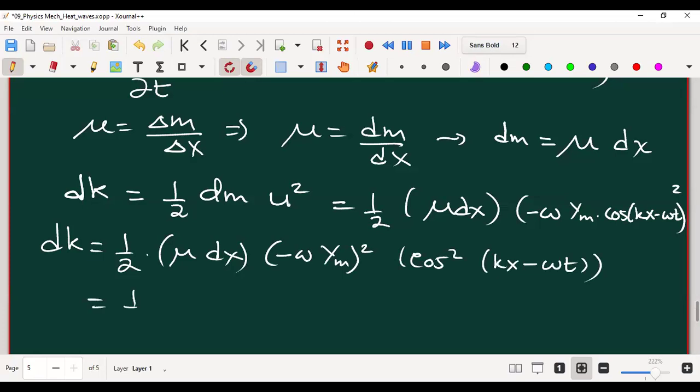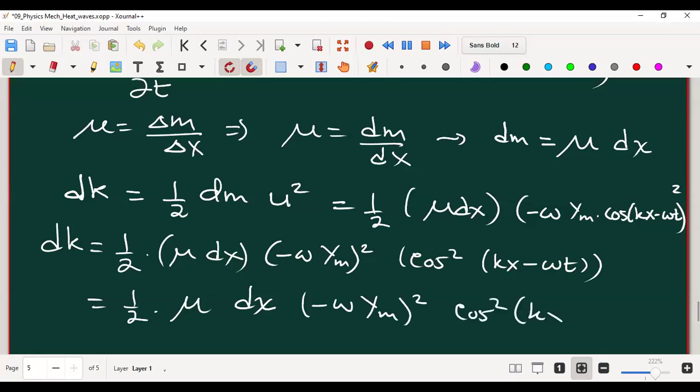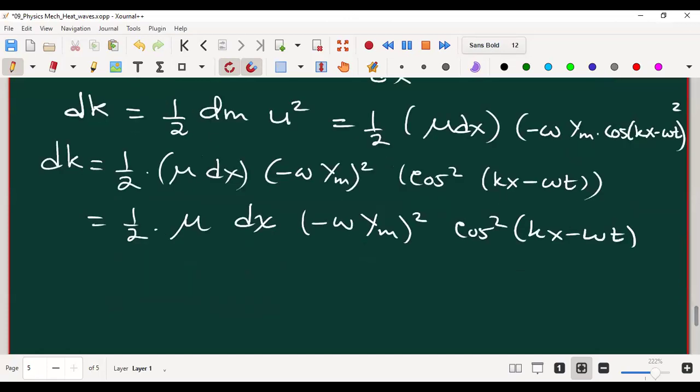So this one is half mu, okay, this one negative, right? Minus omega ym, squared, cos squared (kx − ωt). Okay, this one is the kinetic energy.